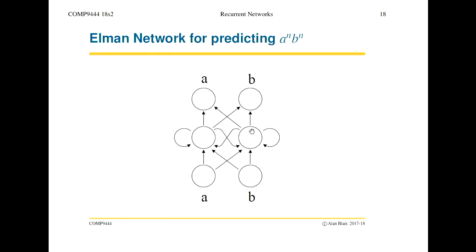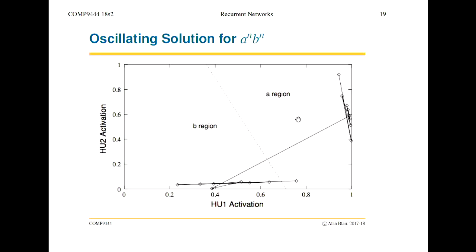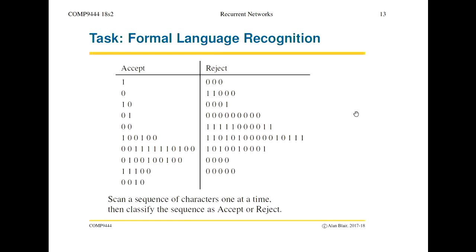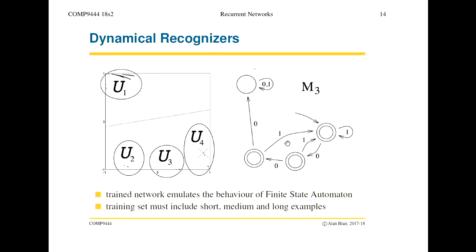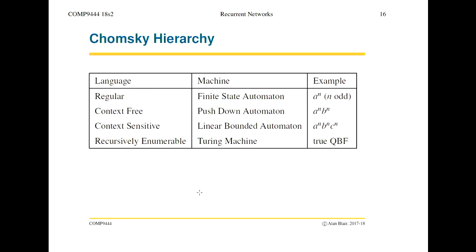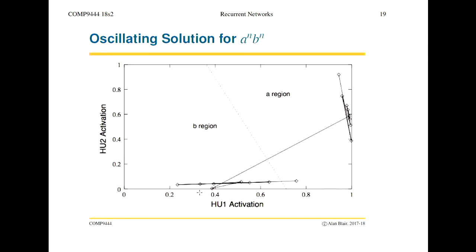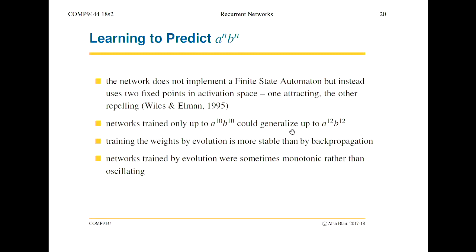Okay, now why is this interesting? Well, when they did this task, they expected to see something sort of like this. They expected that it would come up with some sort of finite state machine, but interestingly, it came up with something else, and it was able to generalize to strings where n was larger than what had been trained on.